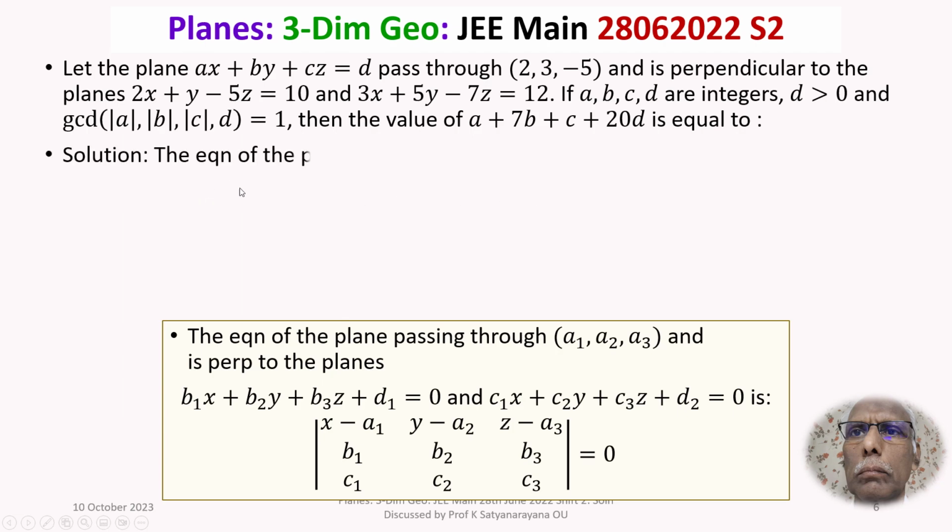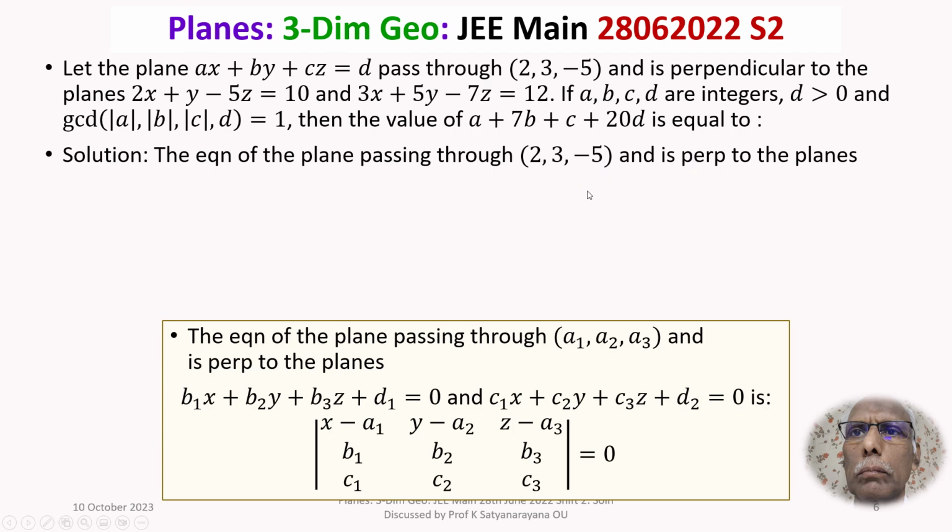So the equation of the plane passing through this point 2, 3, minus 5 and is perpendicular to the two planes 2x plus y minus 5z is equal to 10 and 3x plus 5y minus 7z is equal to 12. Now apply this.